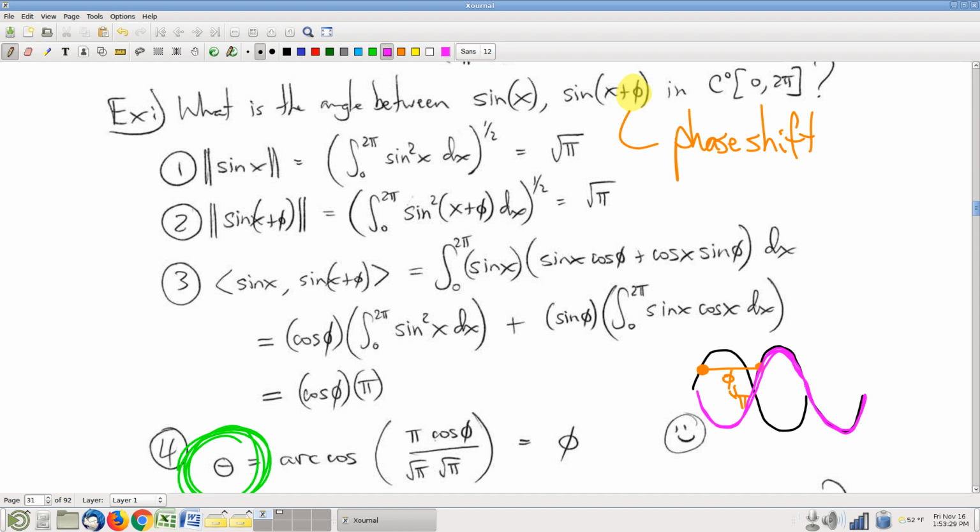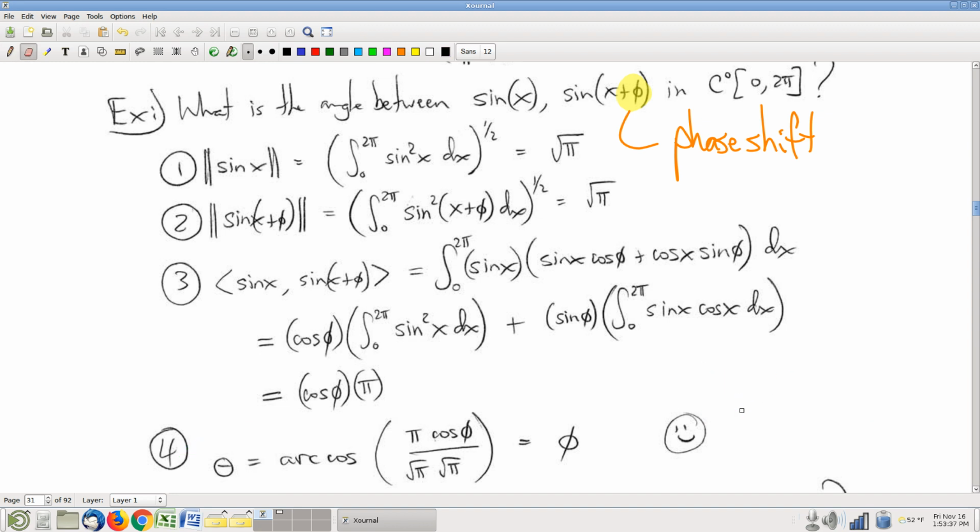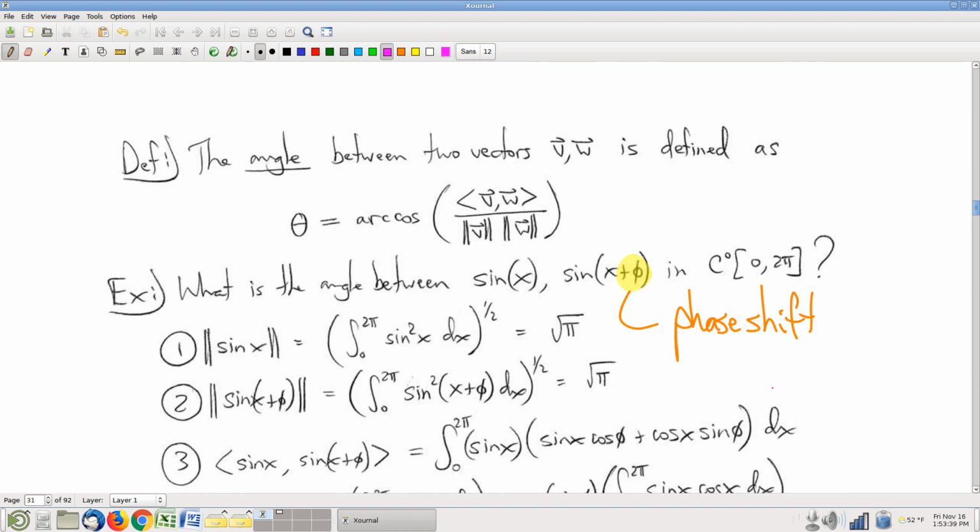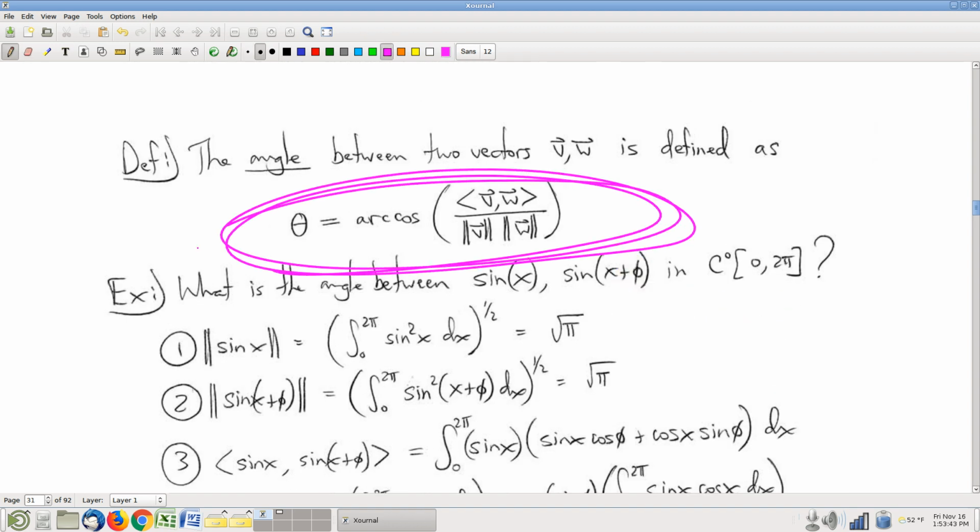But the calculations necessary to get that actual answer. Okay. All right. One little concern that comes up. You look at this formula for angle. This angle is defined as an arc cosine. Arc cosine is a slightly worrisome function in that it's only defined if the argument is between -1 and 1.